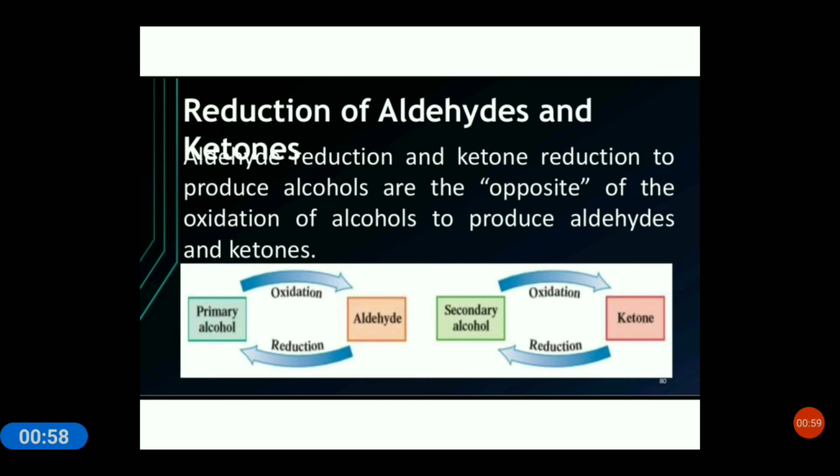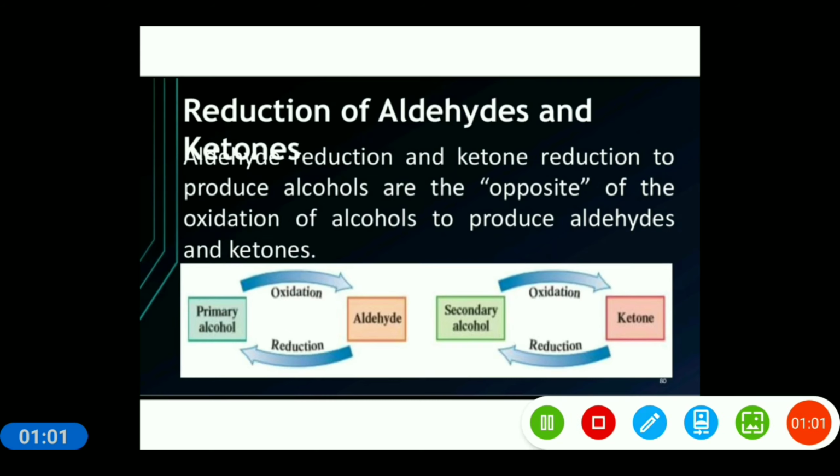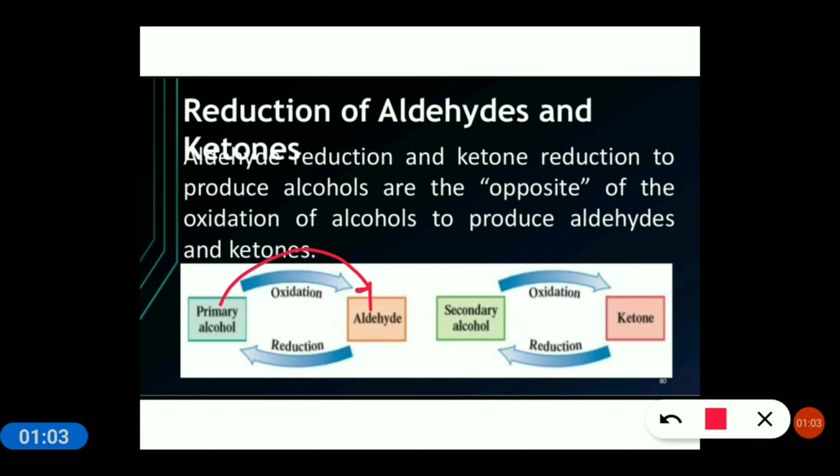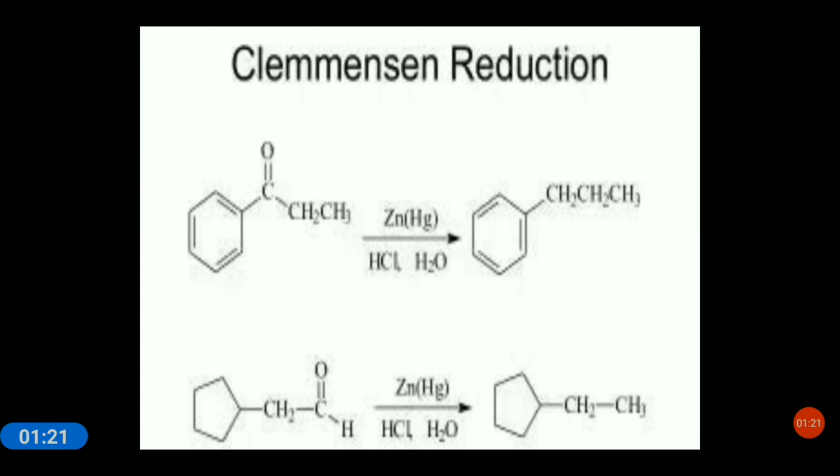Here we have seen the flow chart that primary alcohol gives rise to aldehyde on oxidation, and in the reverse reaction, aldehyde reduces to form primary alcohol. Remember this concept. Secondary alcohol oxidizes to form ketones, and ketones reduce to form secondary alcohol. A few reactions convert aldehydes and ketones into alkanes.